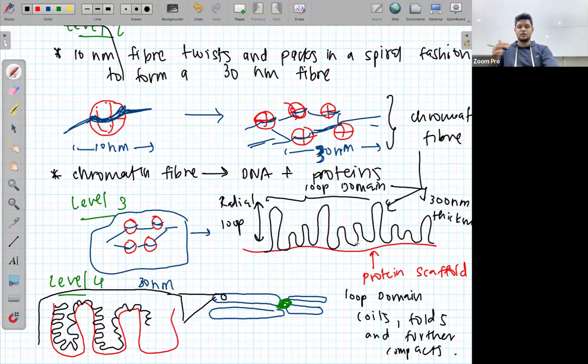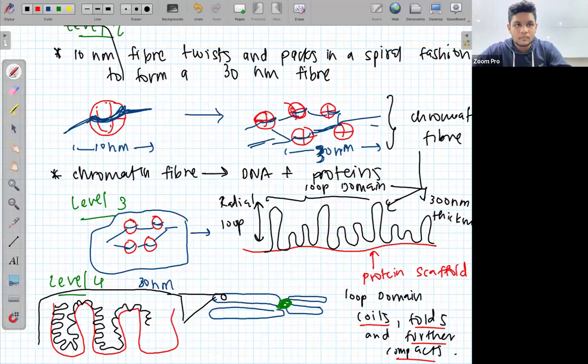Three words: coils, poles, further compacts. Is it clear? Now I'll give just a rough idea. A minute.